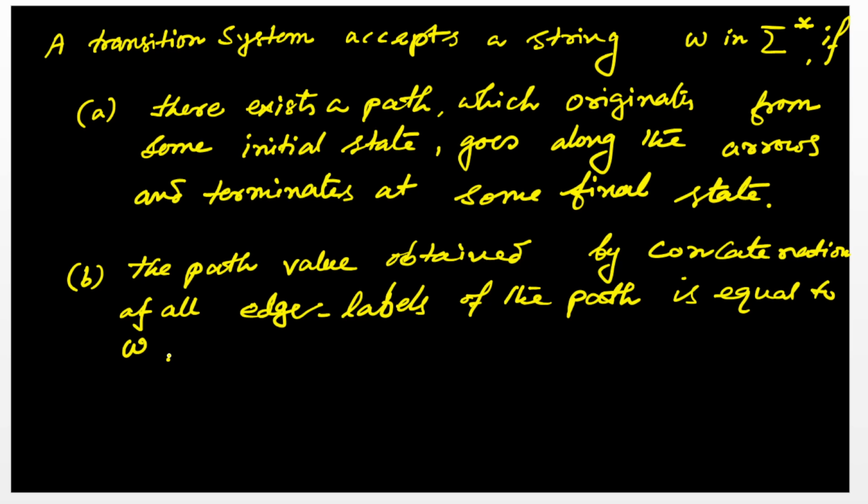So the description of automata can be done in two ways. One is the transition diagram and two, the transition table.